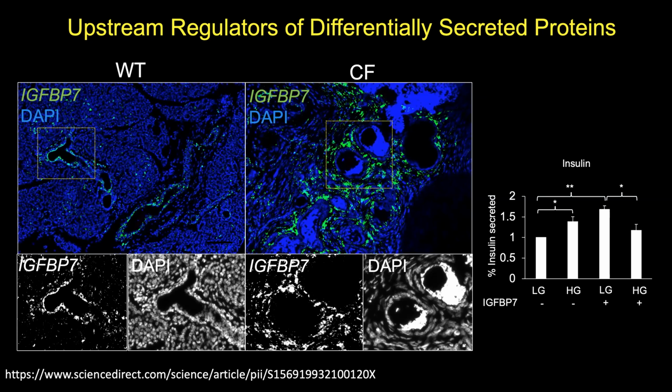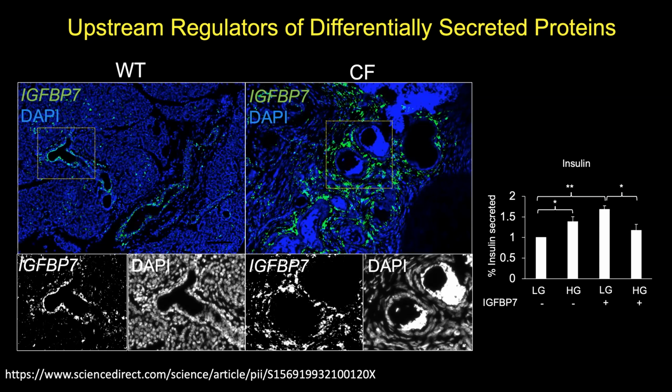But as you can see here, the surrounding fibroblasts had increased expression of IGF binding protein 7, and they also infiltrated into the islet regions here, which indicated to us that in CF pancreas, islets were exposed to an excess of IGF binding protein 7.